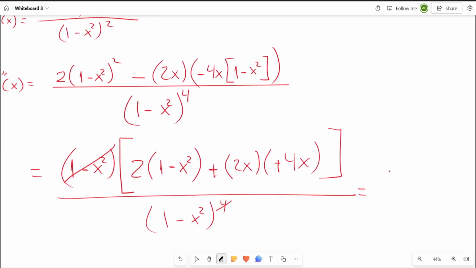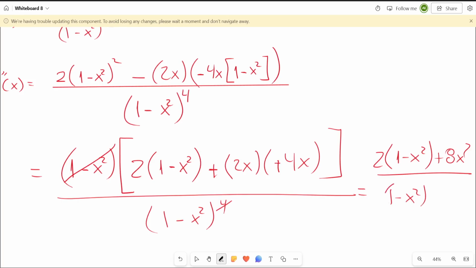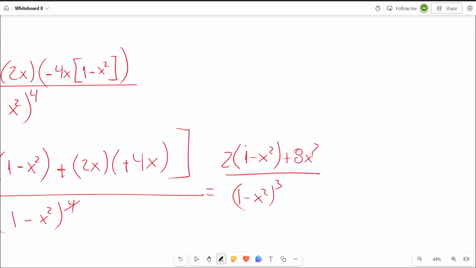So this is going to equal 2 into 1 minus x squared plus 8x squared over 1 minus x squared to the power of 3. Simplifying, I'm going to have this as 2 minus 2x squared. Minus 2x squared plus 8x squared is basically plus 6x squared.